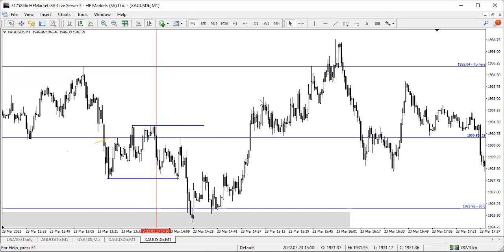So when price breaks above here at this point, when this candle closes, actually the one before it, my bad. When this candle closes, my bias is confirmed bullish. I already want to buy here.